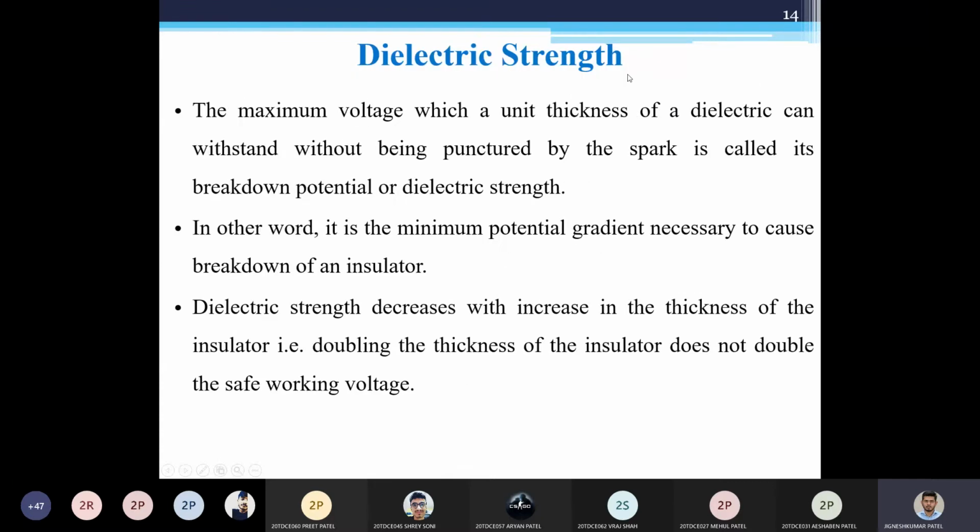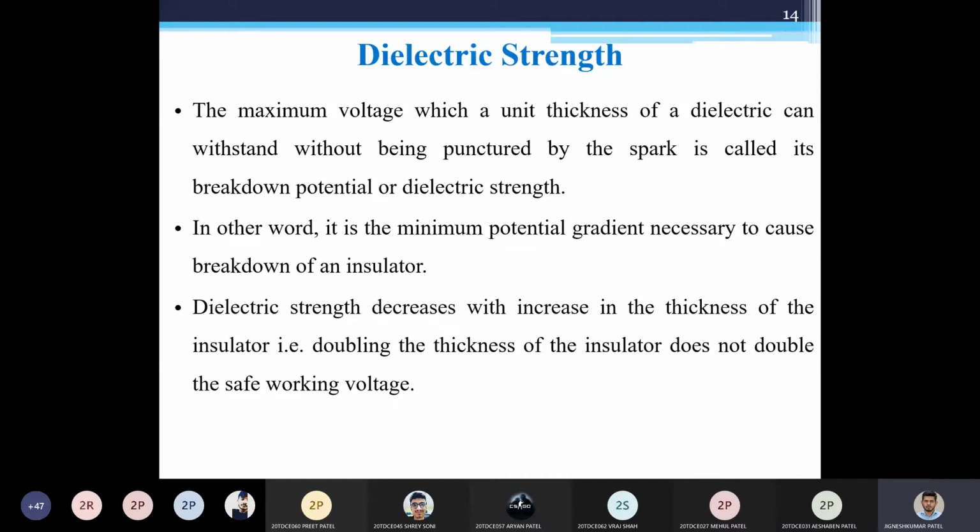Then we have seen the dielectric strength of a material: the ability of any material to withstand electrical stresses. If I have air and I put two plates in air, and I continuously put charges on the plates, at some point the charge would be so high that breakdown will happen, and the air in between will break down.